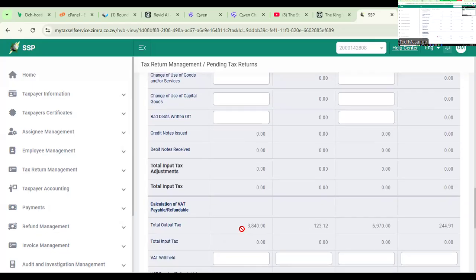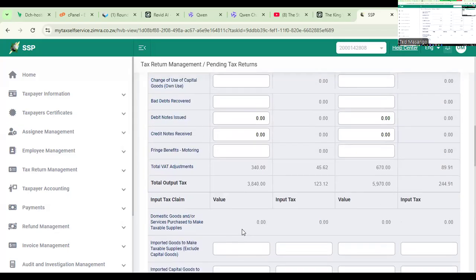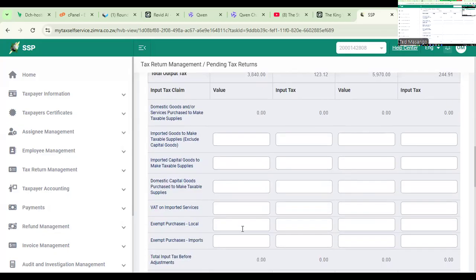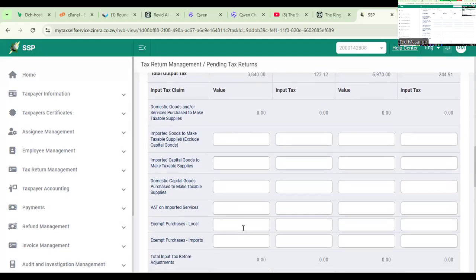So once you put that, let me put some figures there. Right, for this company, it's not registered, it's registered VAT exempt total.